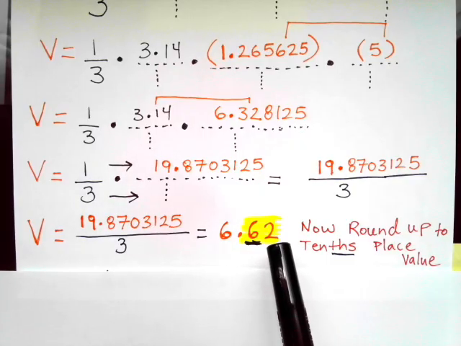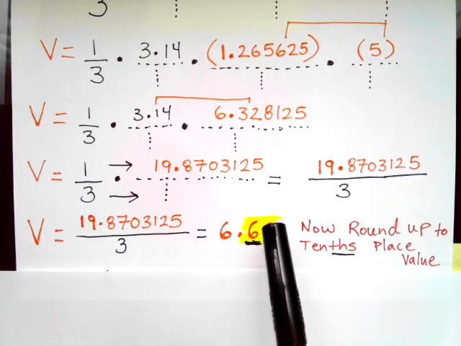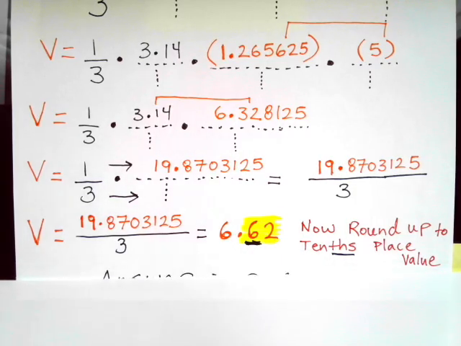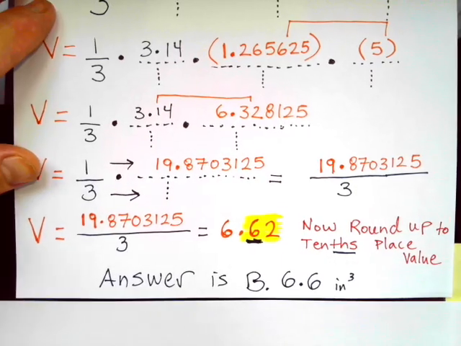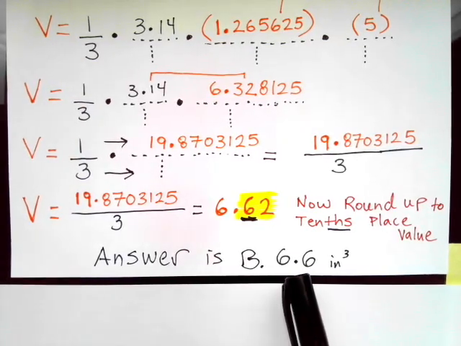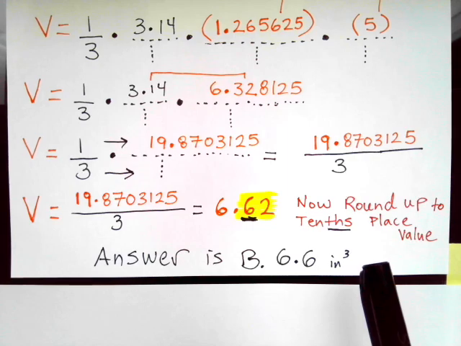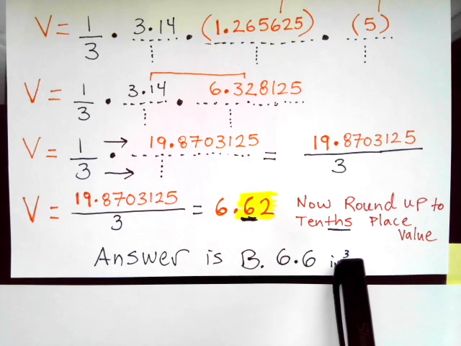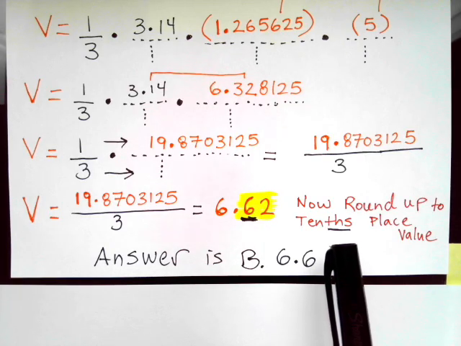No. So I can round this value down to a 0, and that 6 just stays the same. We need to round to the tenths place according to the answer. So we're going to have our answer be 6.6 inches cubed.